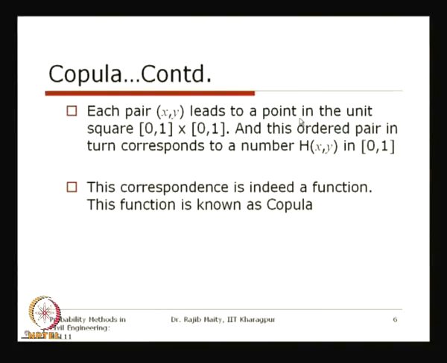Each pair leads to a particular point on this unit square, and this ordered pair in turn also corresponds to a number Hxy in the 0 1 real line, through their joint distribution. So, this correspondence between these two points is indeed a function, and this function is what is known as the copula.